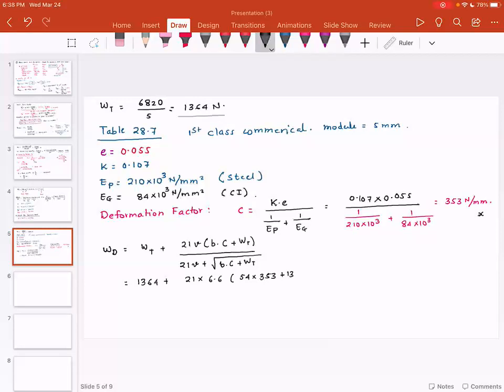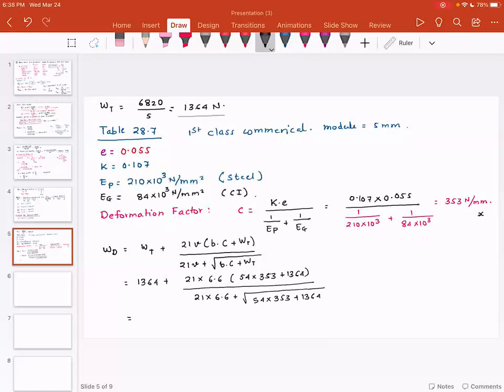Plus 1364, divided by 21 times 6.6 plus square root of 54 times 353 plus 1364.